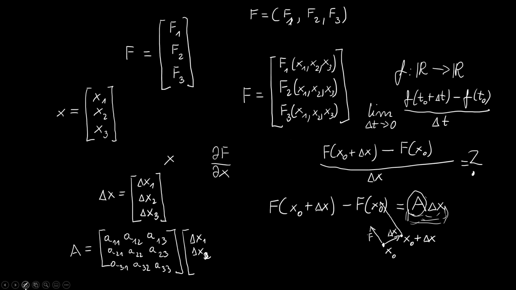Oh, it's 2, sorry. What are our rules of multiplication? First row and first column, and we multiply them element by element and add them. I will write it explicitly.